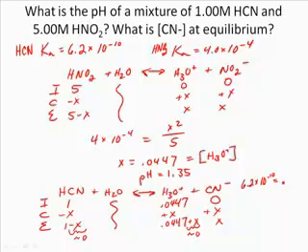So we end up with 0.0447x over 1. And so 6.2 times 10 to the minus 10, divided by 0.0447, and we get that the cyanide concentration is going to be 1.39 times 10 to the minus 8.